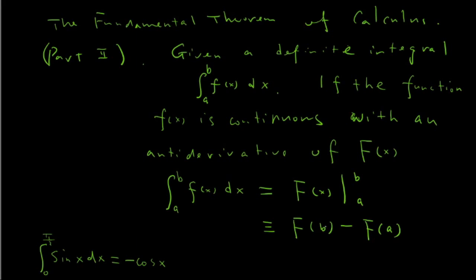And by the way, this part can be replaced with square brackets, if the antiderivative is a little bit long. Probably I'm going to use square brackets. You enclose the antiderivative in square brackets, and then you write the upper limit of the definite integral here, and the lower limit of the definite integral in here.